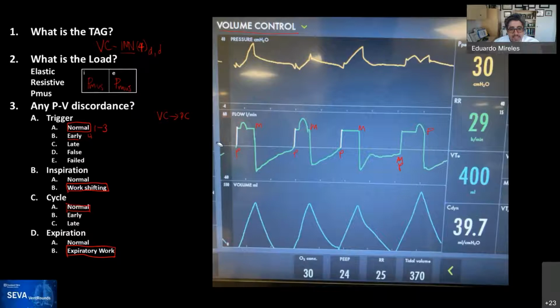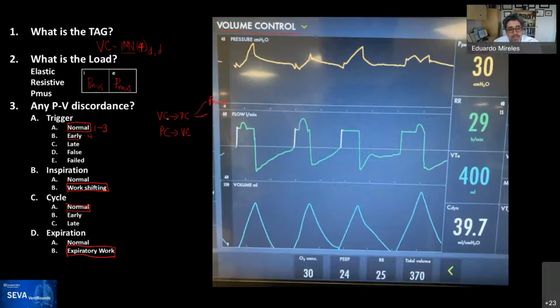That is in this algorithm, in this implementation of dual control. And I have to be very clear about that, because there's also other dual modes in which it actually changes from PC to volume control. In this one it changes because of Pmus, because the patient does effort.